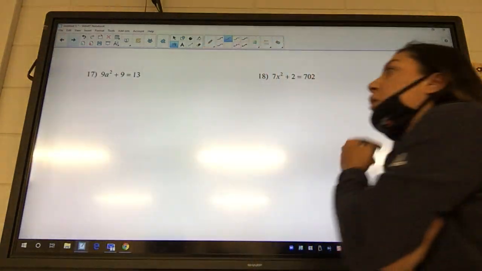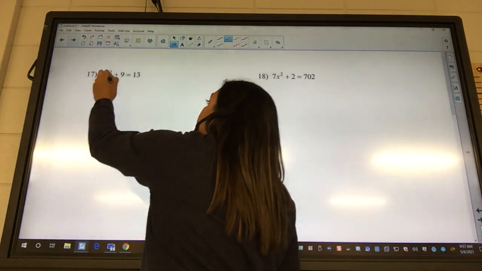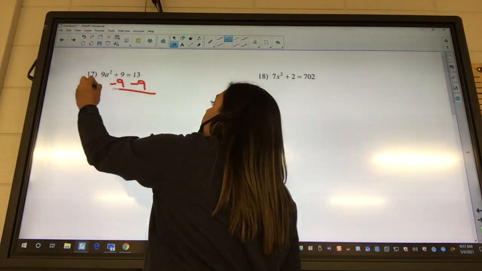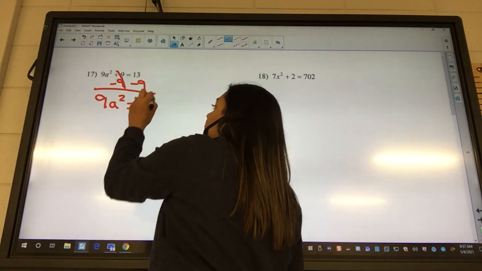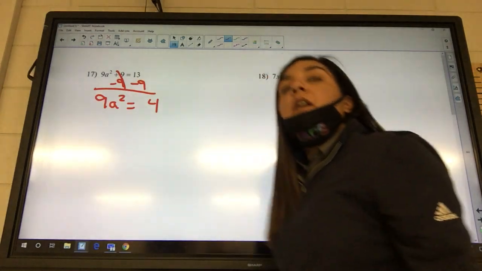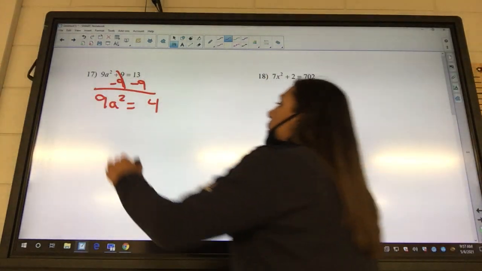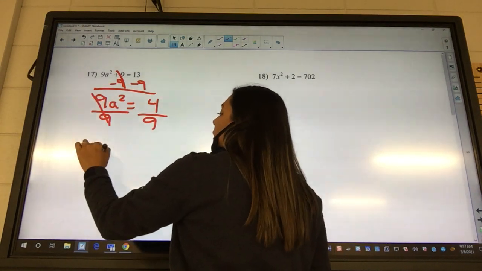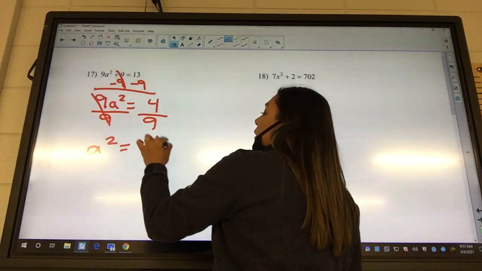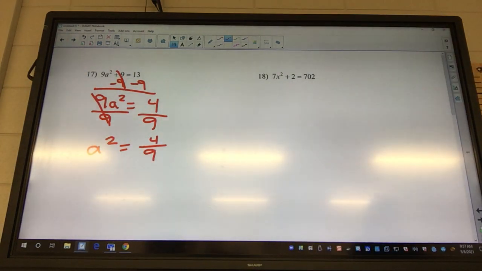Okay, 17. What needs to move first? The 9. So we say minus 9, minus 9. 9a squared equals 4. Now what? Divide. You should be able to tell if the fraction is going to simplify or if you can just square root it.